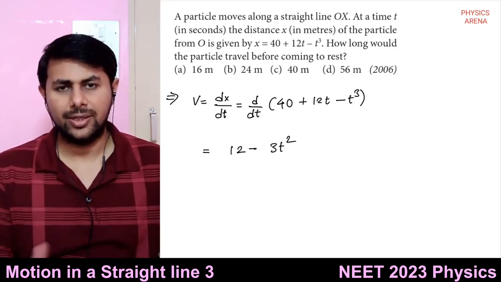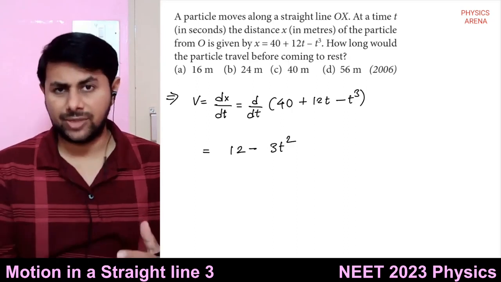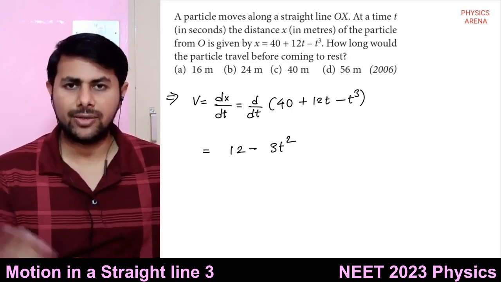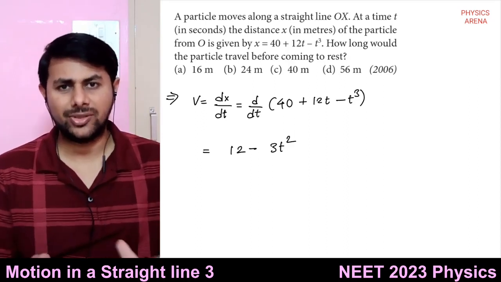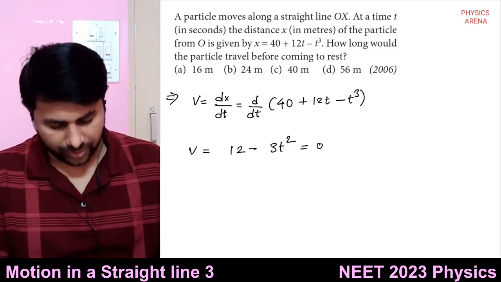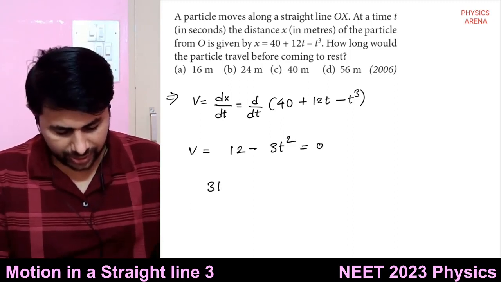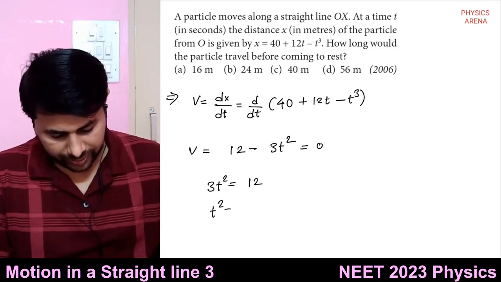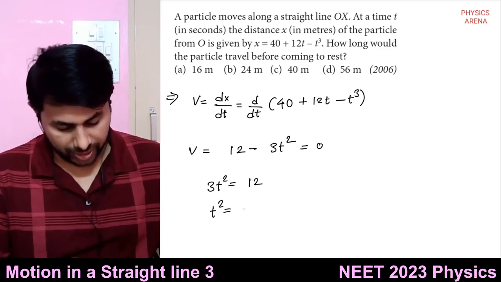We have to find the change in position from the beginning at t equals 0 to when the velocity becomes 0. Okay, so the velocity is equal to 0. That means 3t square is equal to 12 and t square is equal to 12 divided by 3, which is 4.